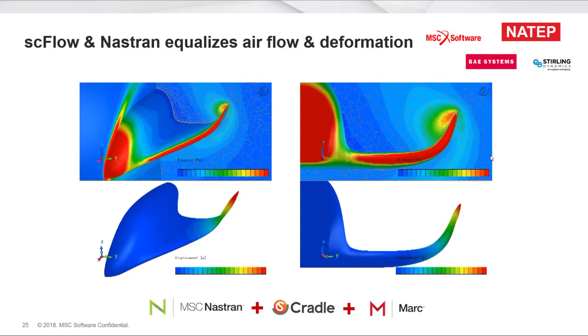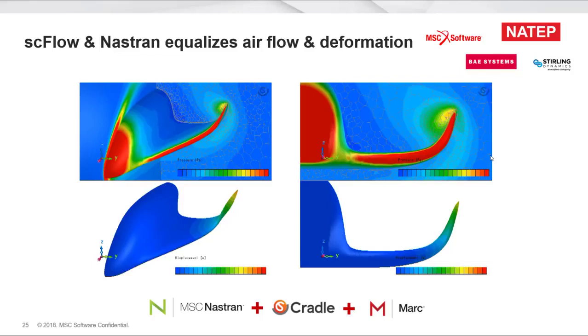Now, we've also been working with a consortium of customers, working together on some research. In this case, MSC has been working together with BAE Systems and Sterling Dynamics around NATEP. NATEP is the National Aerospace Technology Exploitation Programme here in the UK. It's a programme to help drive forward key technologies in the aerospace market. In this particular case, we're modelling the fluid interaction with co-simulation in all three of the ways we just mentioned.